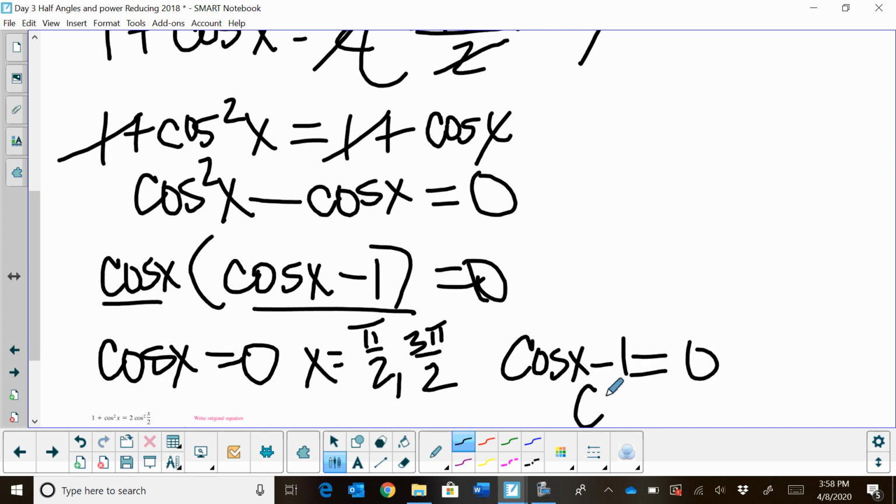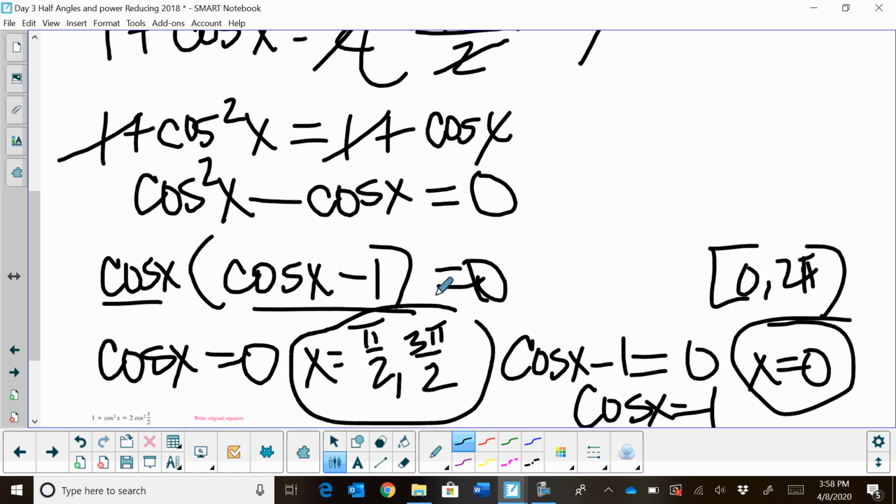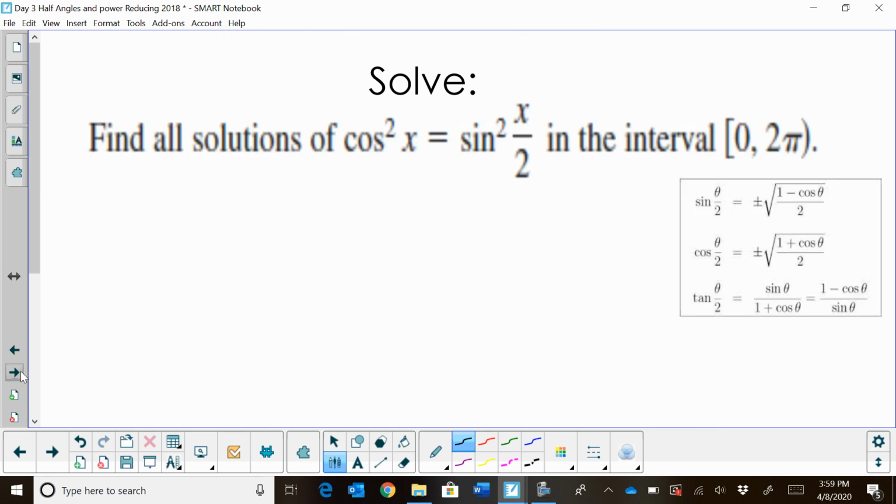That's where cosine x equals positive 1, and we know that is where x is 0. You could say 2 pi, but we're just looking on the interval 0 to 2 pi, not including 2 pi. So it's just going to be 0. So this one has 3 solutions: pi halves, 3 pi halves, and x is 0. So that's how you solve the first one.